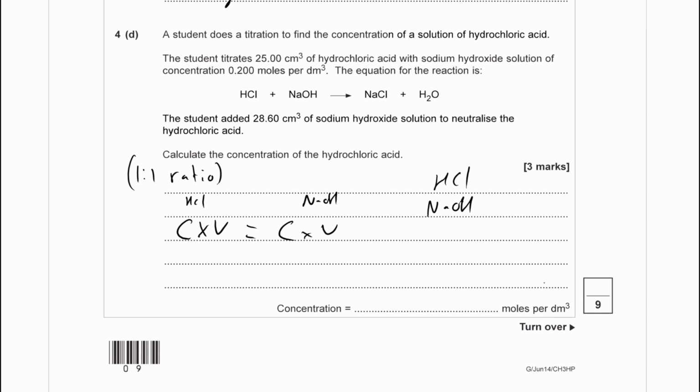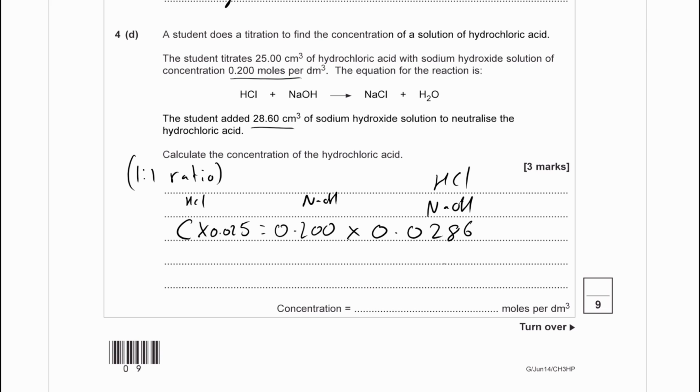So to convert 25 into decimeter cubed, we divide by 1,000, which is 0.025 decimeters cubed. Alright, let's make that slightly bigger. There we go. Is equal to concentration. Remember, that was 0.200. So 0.200 of sodium hydroxide from there. And the volume of sodium hydroxide was 28.6, so that's times 0.0286.